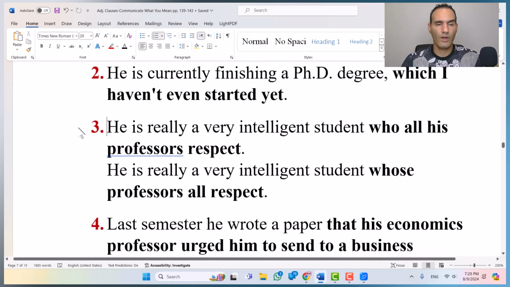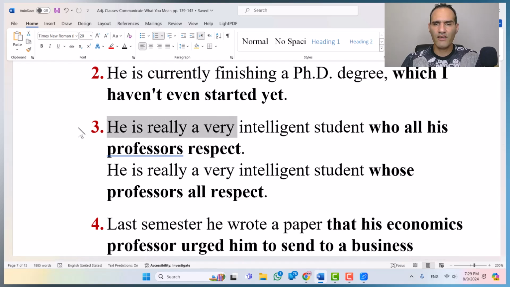Object relative pronoun. Number 3: He is really a very intelligent student who all his professors respect. So in this sentence we have a relative pronoun and a possessive adjective. I recommend whose instead of this. It is not that favorable to have both a relative pronoun and a possessive adjective here.